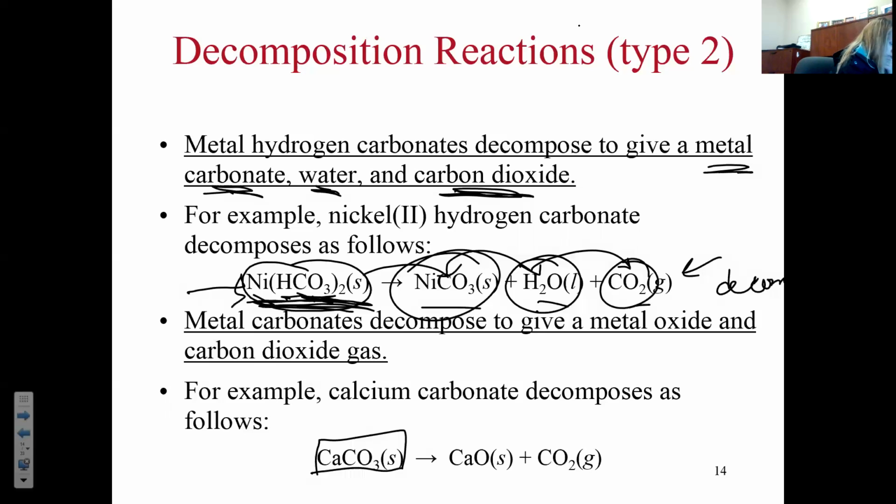We should always be able to predict what it breaks down into. In this one, calcium carbonate will break down into CaO and CO2, or a metal oxide and CO2.